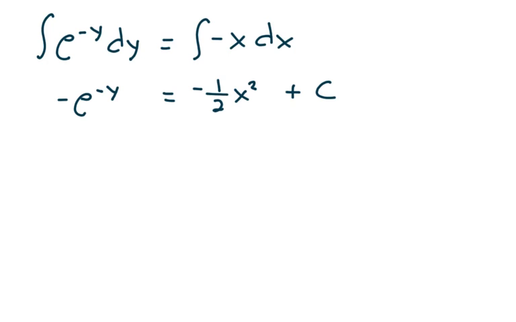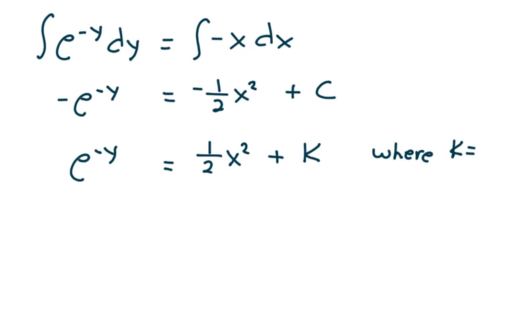So e^(-y) is the same as 1/2 x squared plus, we'll call it k, where k equals negative c.